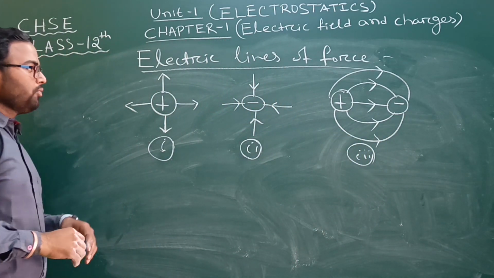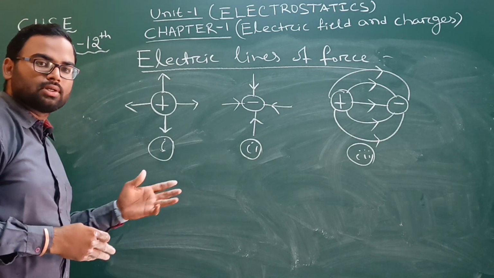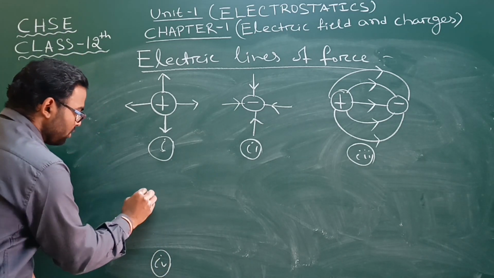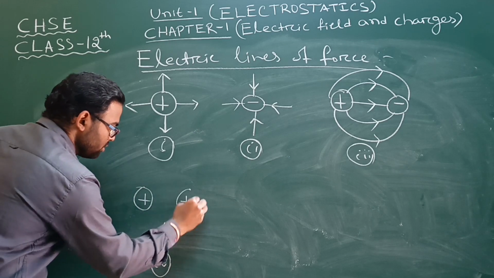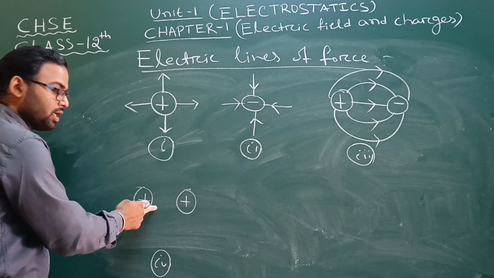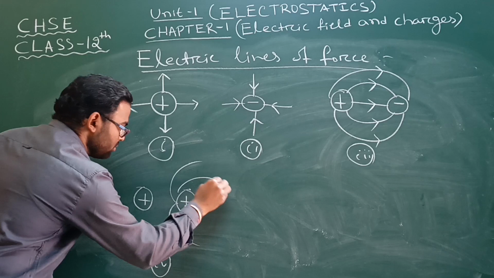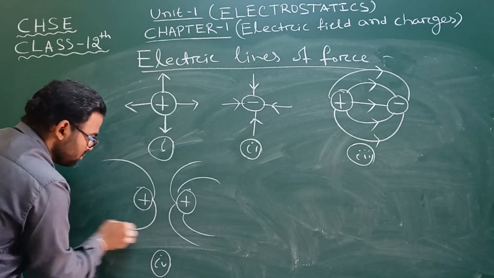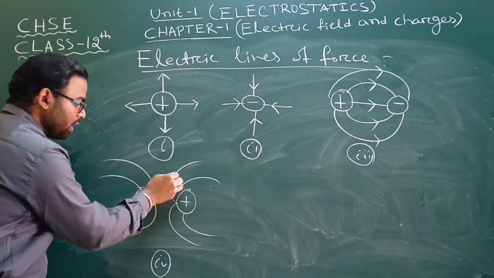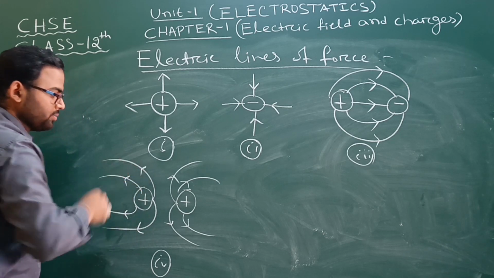Okay, for two positive charges or for two negative charges, what will be the electric lines of force? For two positive charges, we know equal charges repel and positive charge lines of force go outward. So this will be the lines of force, and the direction of the lines of force is outward.